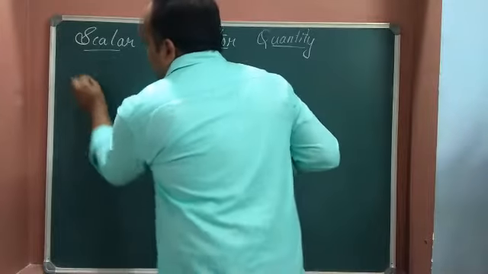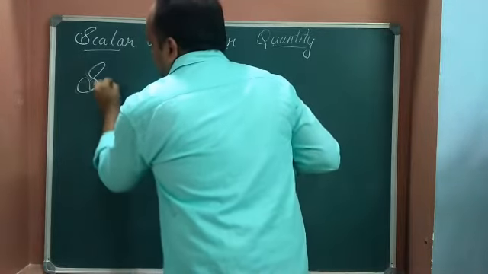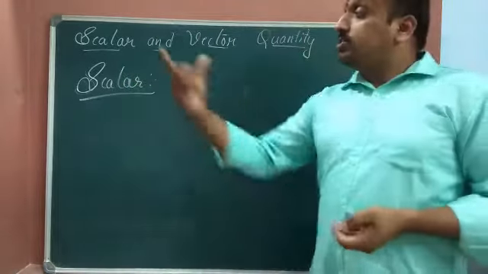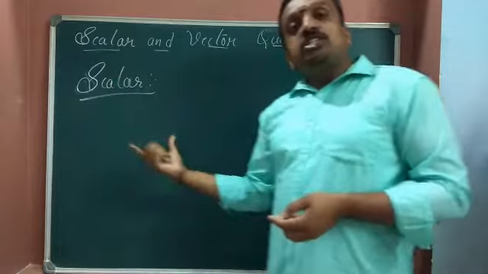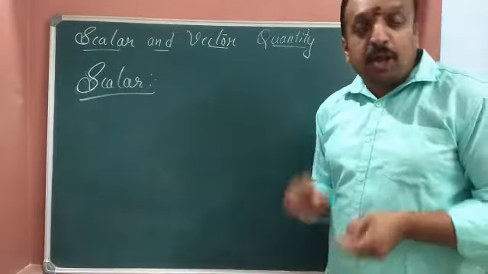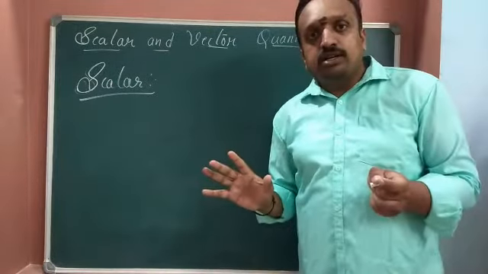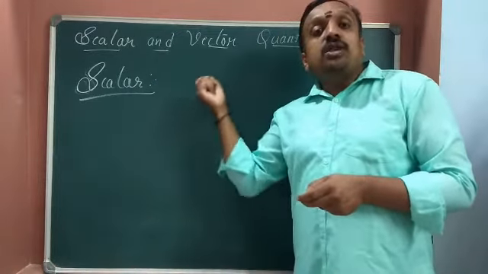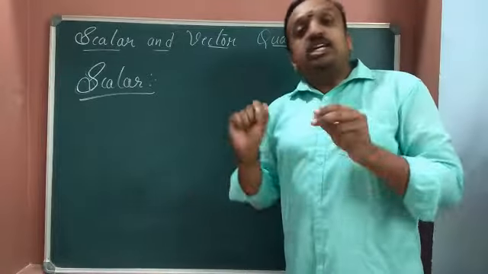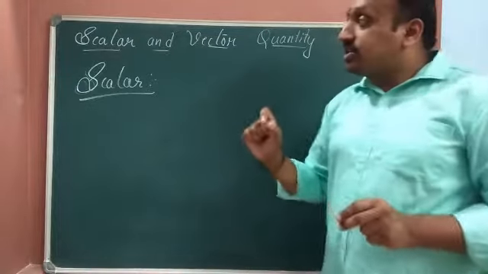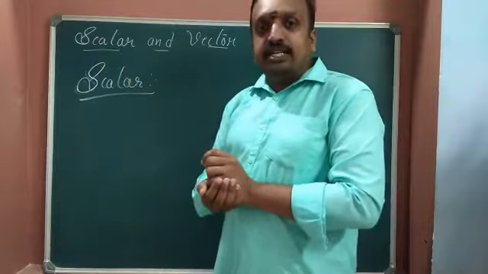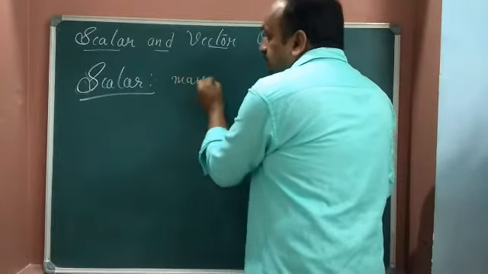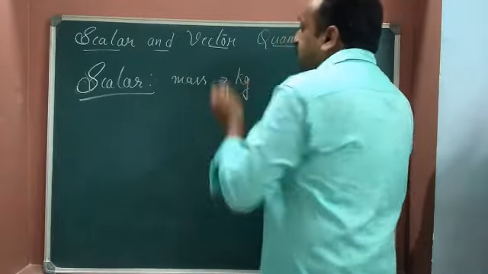So let me take scalar first. It means the quantity which can be measured only by its magnitude but not direction. I repeat, the quantities which are measured only by magnitude and not direction are called scalar quantities. For example, mass, the unit is kg.